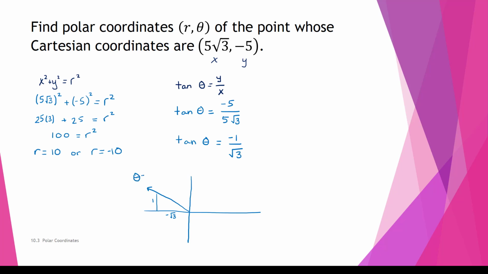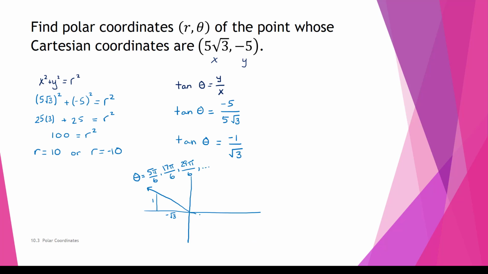So theta here is 5 pi divided by 6, or any coterminal angle. So it could also be 17 pi divided by 6, or 29 pi divided by 6, and so on.